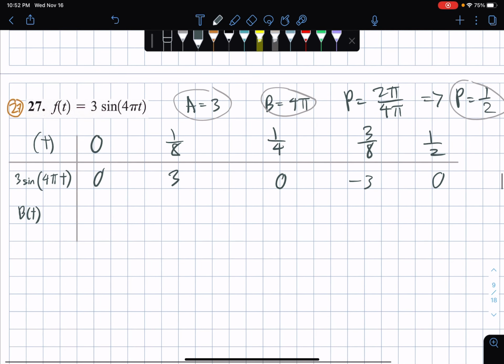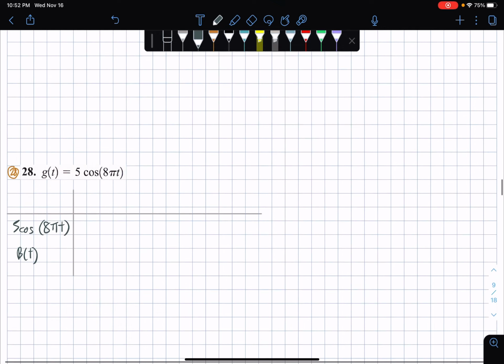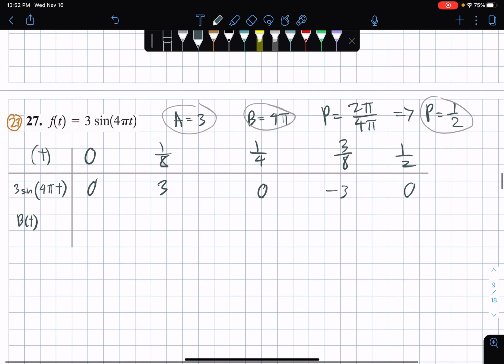And right now, the BT, it's going to be quite difficult, quite complex in a way. Let's see what I can do. I'll do manual calculation this time. BT is equal to T over B. So whatever the T value is, let's say T is 0, divided by 4 pi, it's still 0. Divided by 1/8.